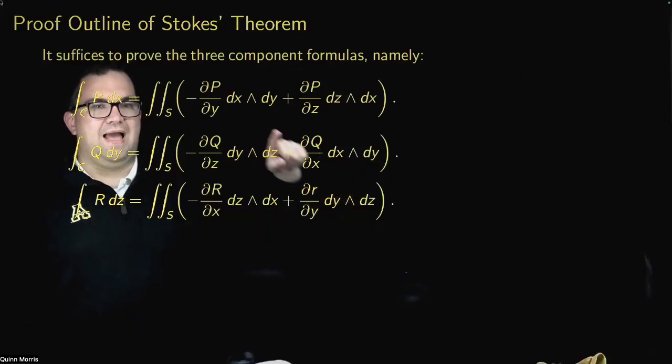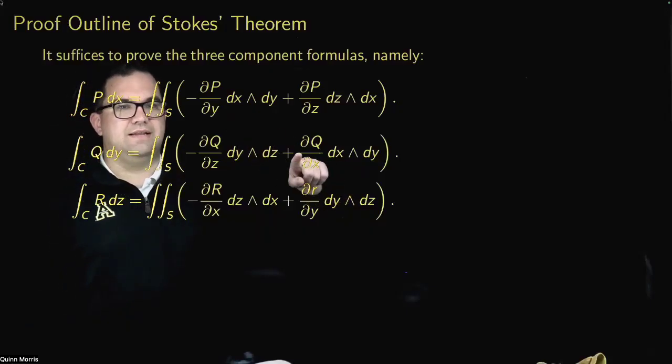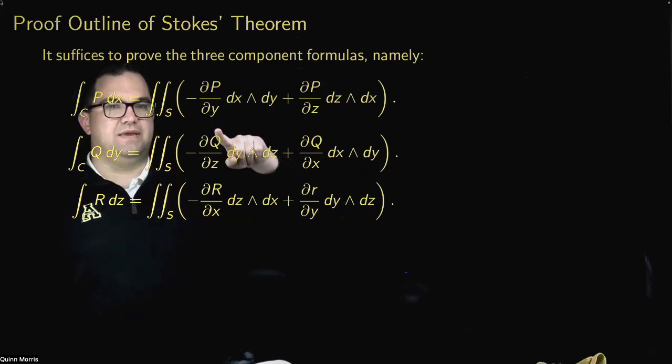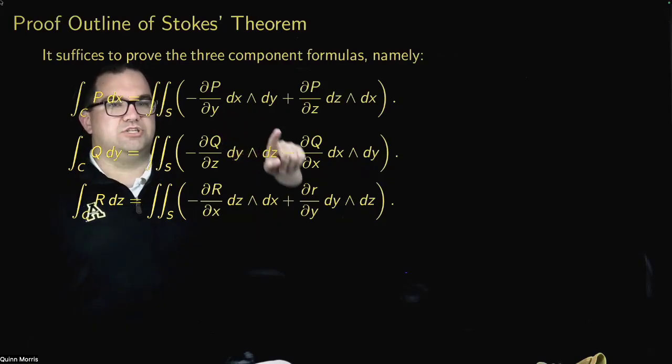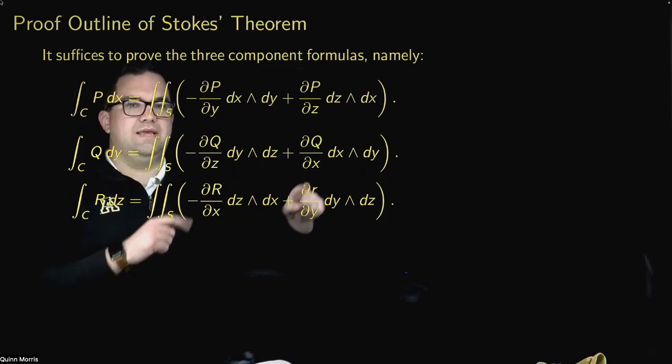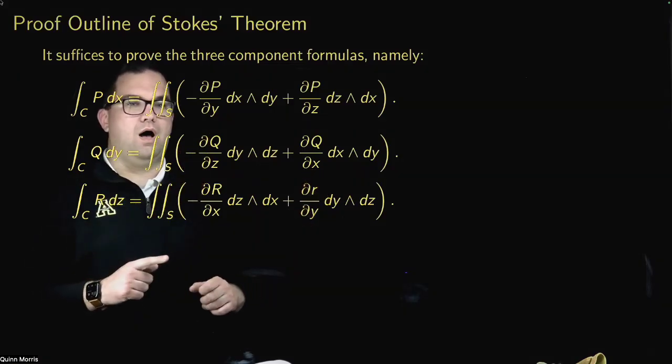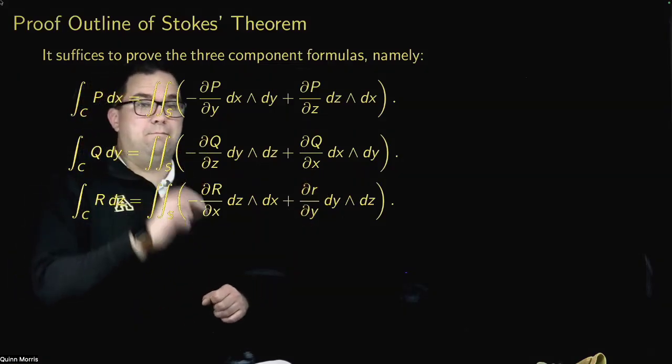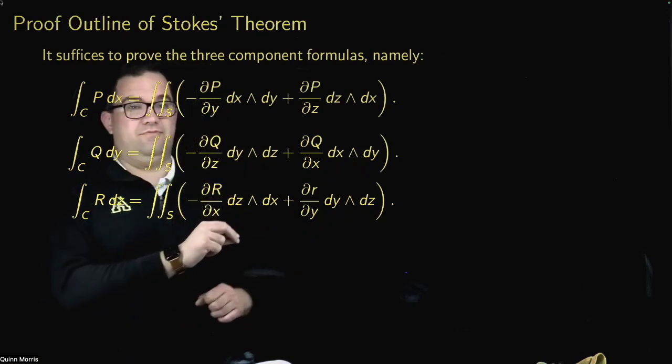So if you notice, if I add these two together, I'll get dQ/dx minus dP/dy, dx wedge dy.